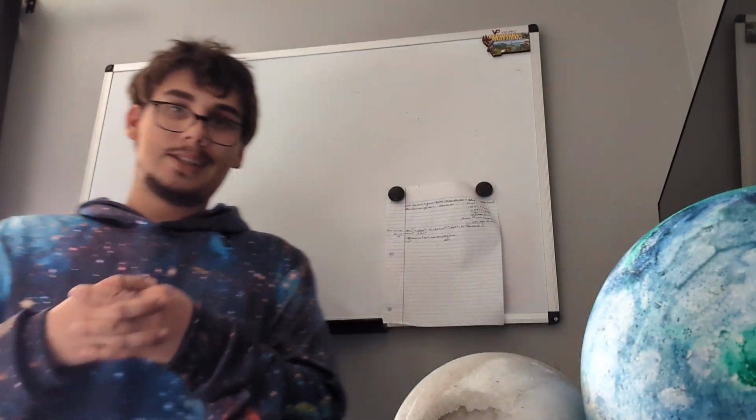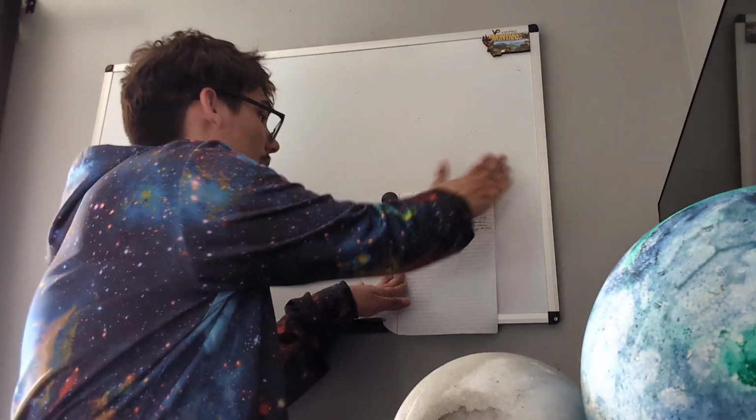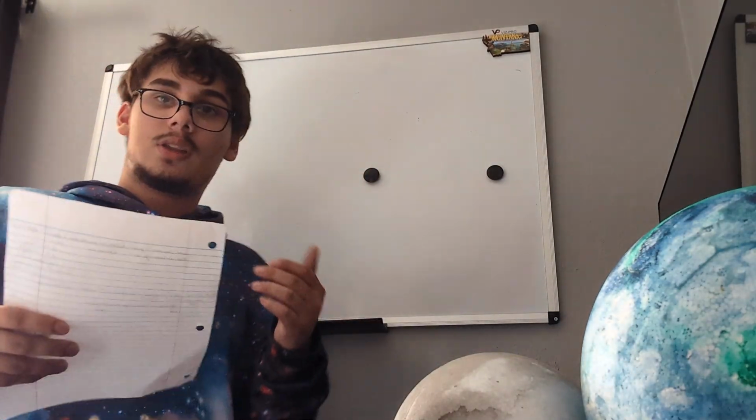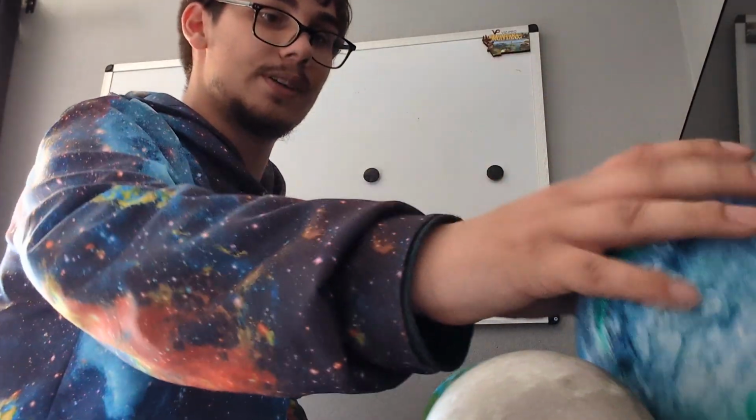And what I forgot to mention is the actual numbers behind the comparisons between Earth's water and the moon's water, because water takes up 70% of the entire Earth's surface, whereas the moon doesn't have much water because it doesn't have an atmosphere, and it's just a gray, barren, dusty rock.